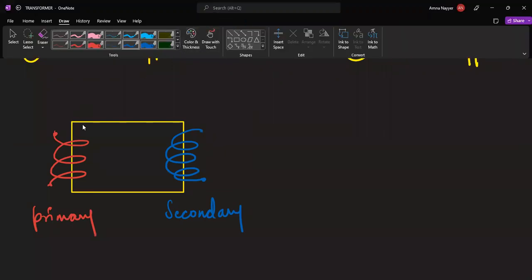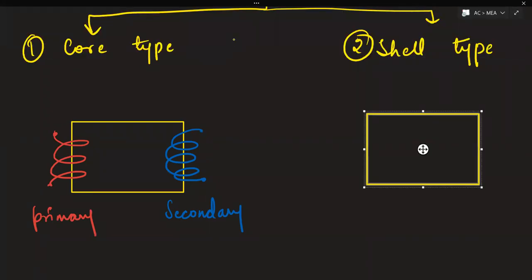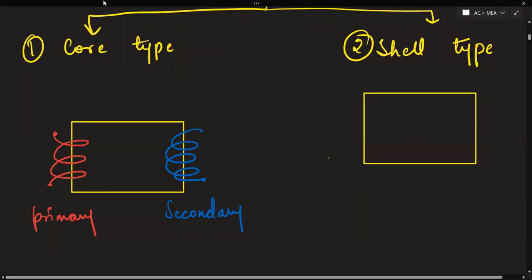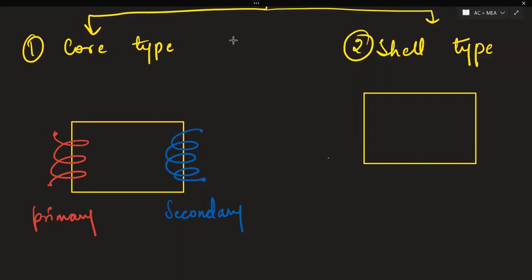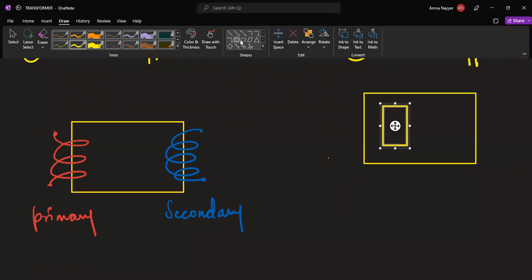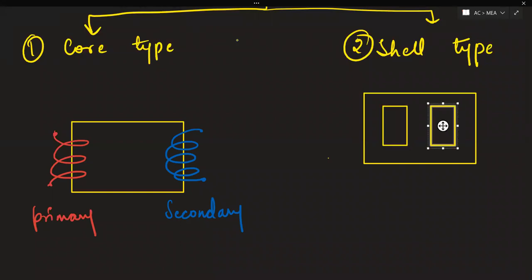Now, in place of that, a shell type transformer, like this.